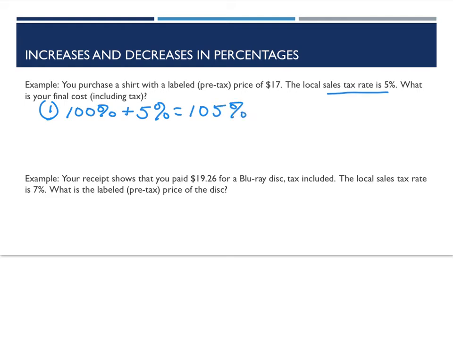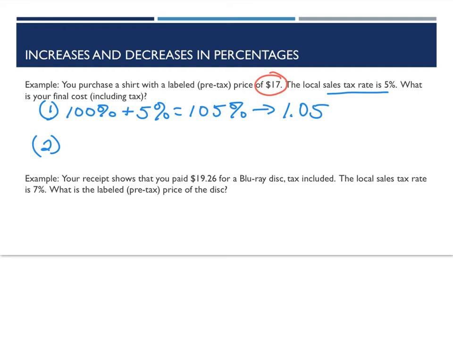Now I'm going to have to use this number in step 2. So the last thing I said is you want to make sure you change that to a decimal so that it's ready to go. Step 2, I have to decide to multiply or divide. The way I decide is to examine this number here. I have to decide whether that number is the number before I added the sales tax or after I added the sales tax.